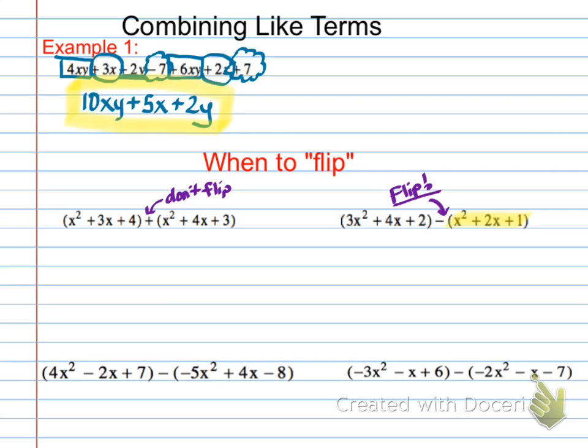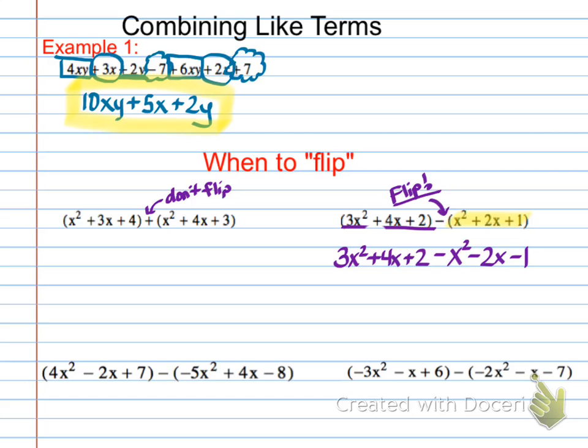So that second group, minus x squared plus 2x plus 1, is going to get flipped to being minus x squared, a minus 2x, and a minus 1. Each of them will flip to their opposites. The front group, though, stays the same because it's not in the bottom region, it's in the top region, so we're going to leave it the same and simply copy it down.